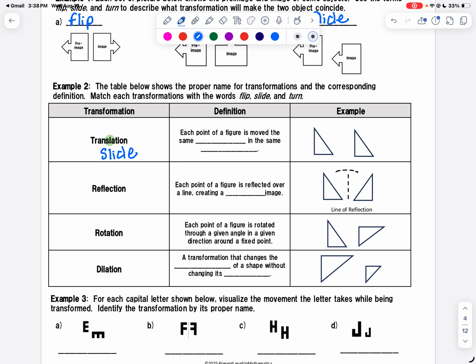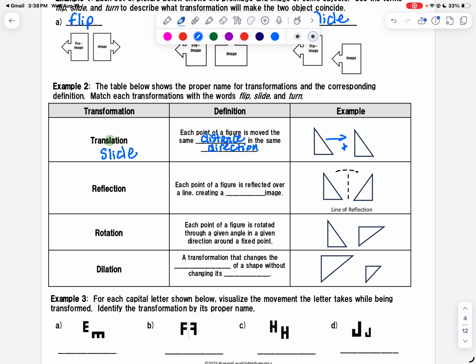So in a translation, each point of a figure is moved the same distance in the same direction. So here, these two triangles are an example of a translation or a slide. It looks like this one has been moved over to the right and maybe a little bit down. Okay, so it was a slide or a translation.